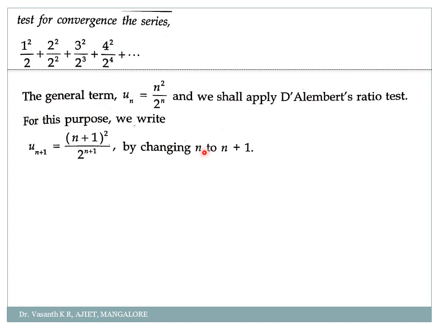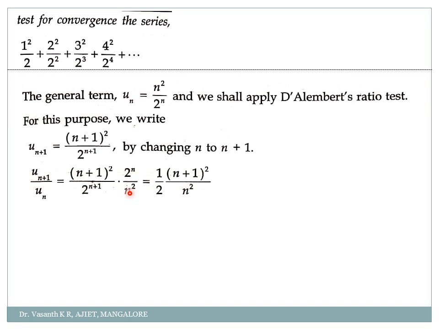Okay. Next, what to do? un plus 1 divided by un. So un plus 1 divided by un is equal to, so what is un plus 1? n plus 1 the whole square divided by 2 to the power n plus 1, divided by un. What is un? n square divided by 2 to the power n. If I just take it to the numerator, what will come? 2 to the power n divided by n square.